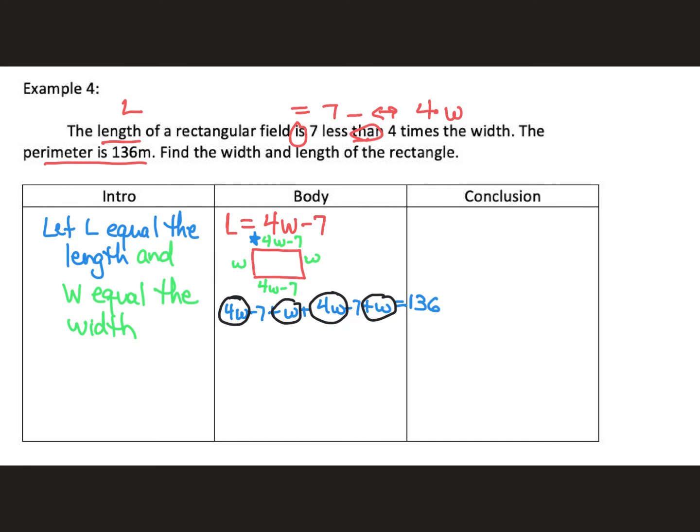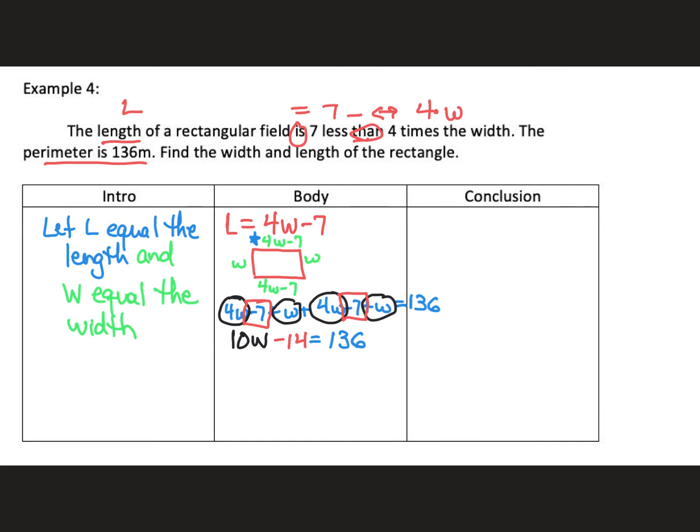How many W's do I have total? That is 10W. Now let's combine the numbers. I have -7 and -7. Put them together: -7 plus -7 is -14. And then all of this is going to equal 136. Right? Because we're looking for the length and the width.